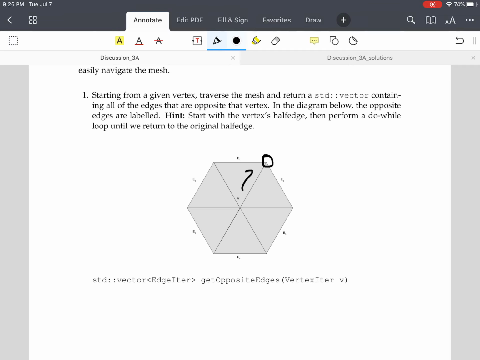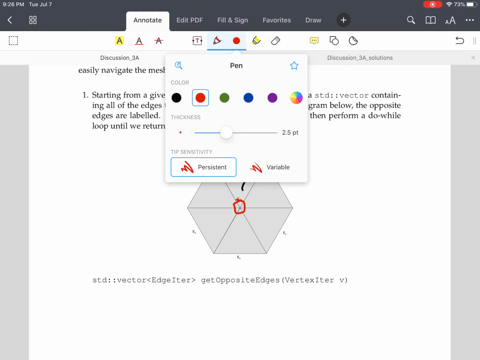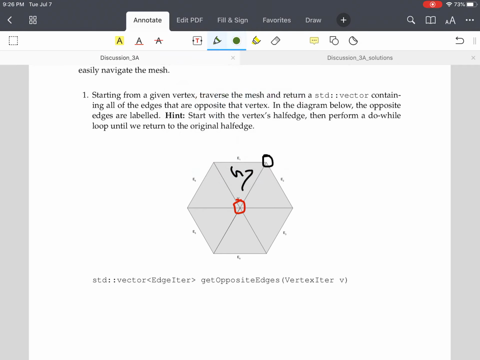We want to get the position of that vertex right there, right? But keep in mind that a half edge only has reference to one vertex, and that's the vertex it originates from. So for this H, its corresponding vertex is the center one. So for the vertex we're interested in, this one in the corner, we want that green half edge, right?